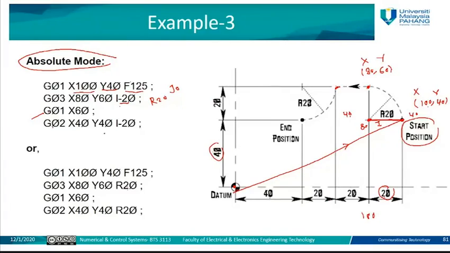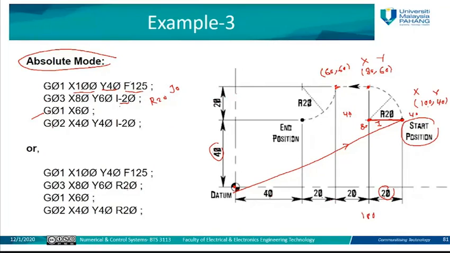The coordinate of this point is 60 X and 60 Y. So from 60 to 60 on Y, no change, no need to highlight Y. But on X, from 80 to 60, there will be a change. Since I'm using absolute mode, just highlight the value of 60 with respect to the reference point.